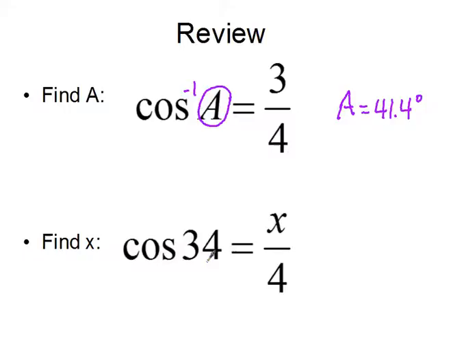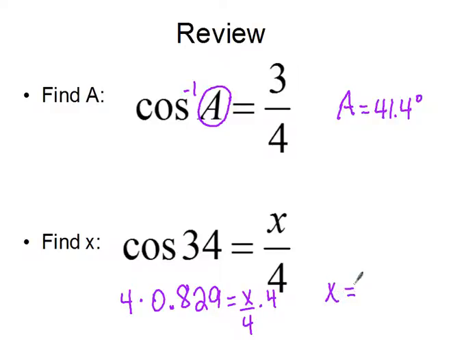You're not finding the angle, so you just hit cosine 34. You get 0.829 equals x over 4. And then because we're really good at algebra, we multiply both sides by 4 and get x equals 3.3. Okay, hopefully all this trig stuff is cemented in your brain enough that you can get it back.